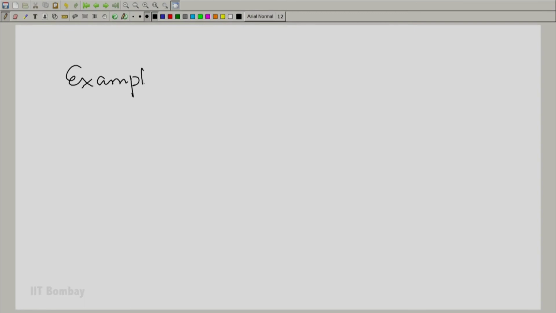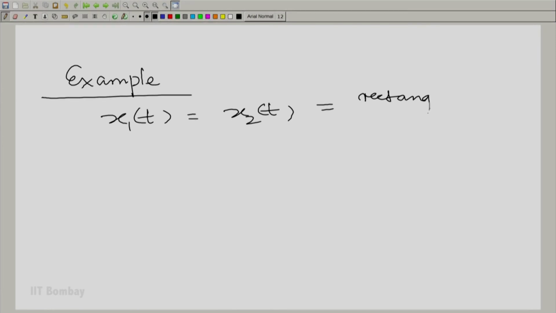So, the example that we are going to take is as follows: x1(t) is equal to x2(t), and it is equal to a rectangular pulse.